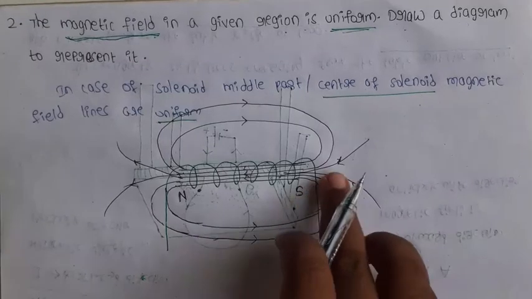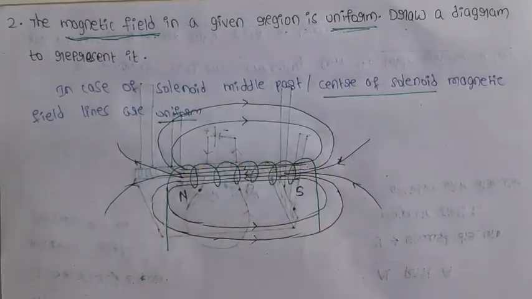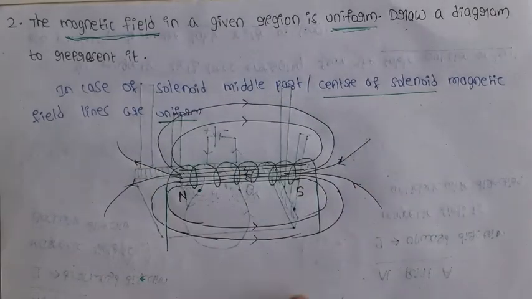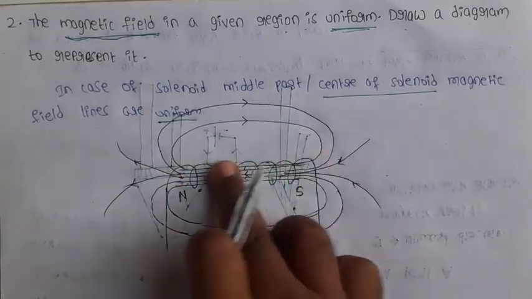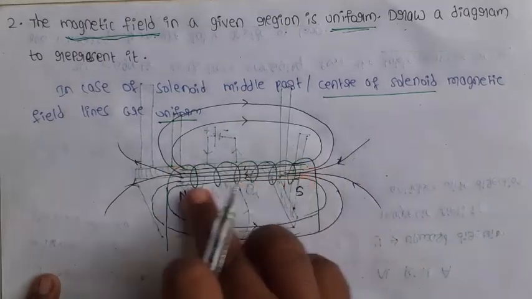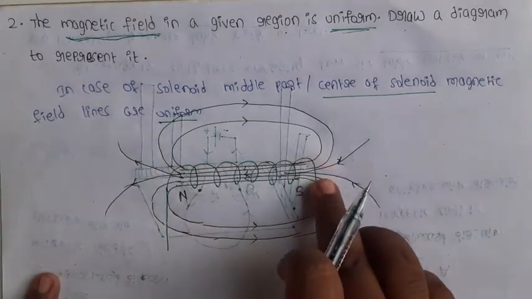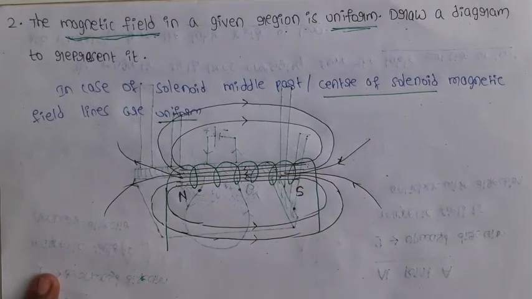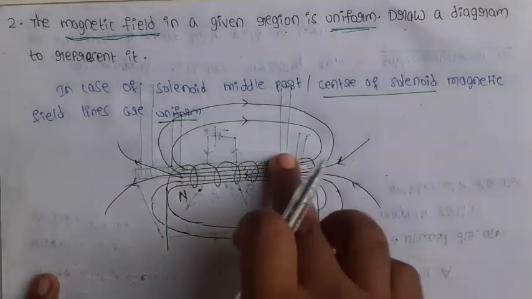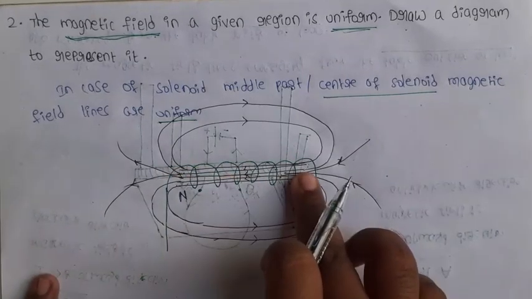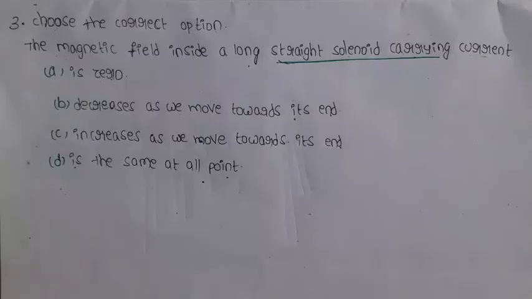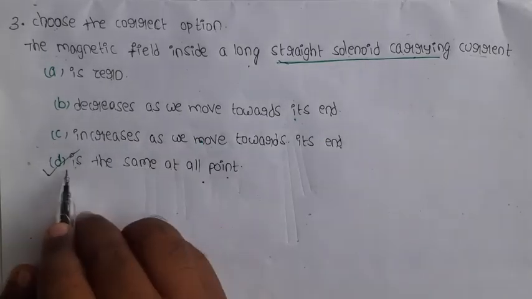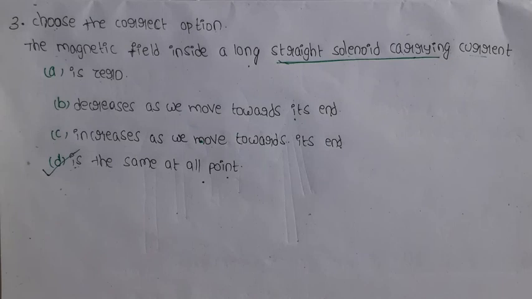Depending on the flow of the current in the solenoid, the magnetic field lines are developed. So at the center of the solenoid, the current flow is maximum, so the magnetic field lines are uniform. At the center of the solenoid, the current is also the same. So the correct option is D. It is the same at all points.